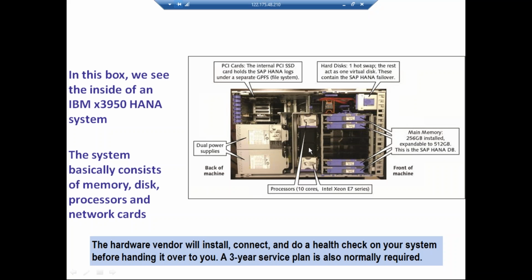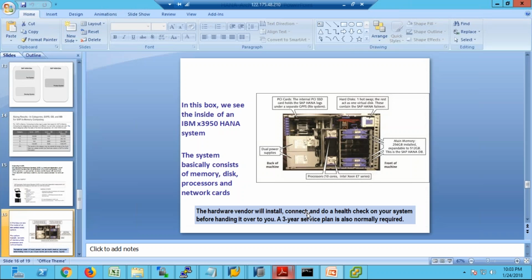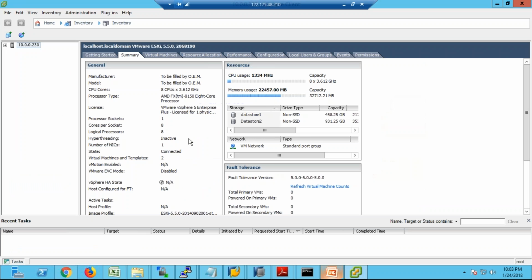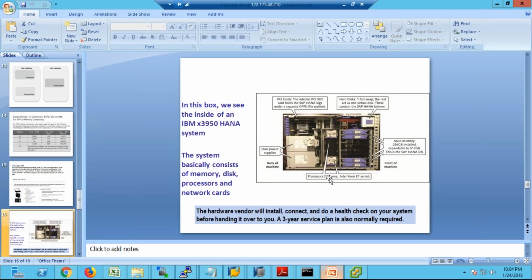Here what we can see is these are two processors, this one and this one. Here we have one socket, here one socket, so there are two processors. In such systems, it will show you processor sockets are two. Cores per socket is 8. In this diagram we have cores per socket 10.